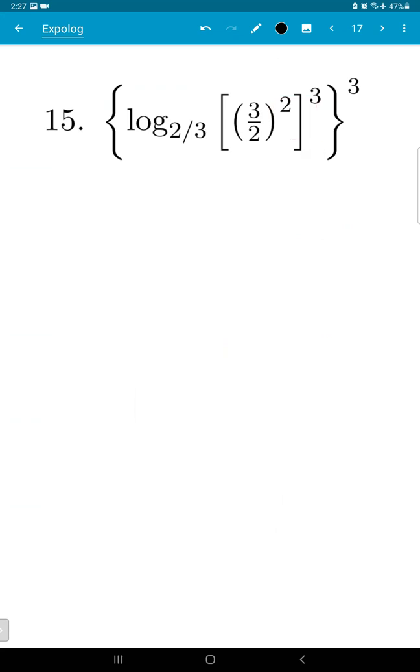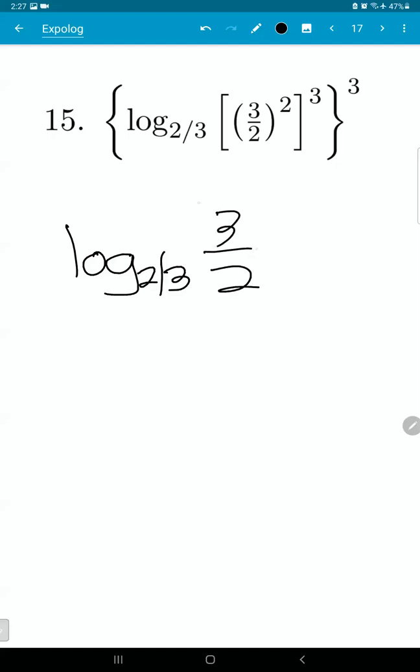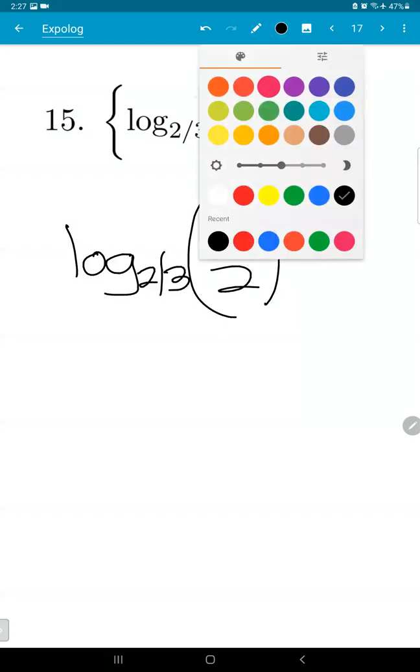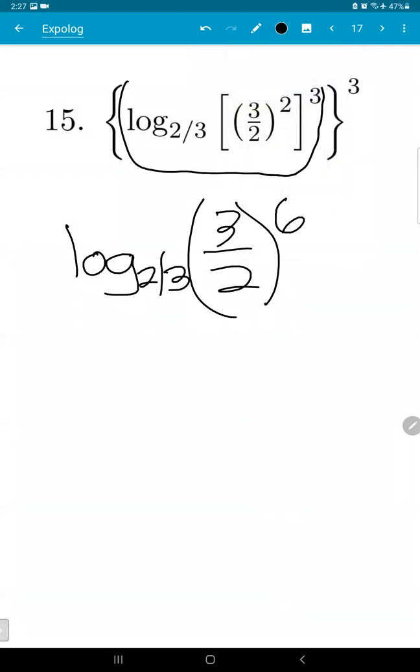So let me rewrite that now. Logarithm to base 2 over 3 of 3 halves to the 6. Okay, we're looking at this now. We cube it outside, later na yan. Let's simplify that one, which is this one. We apply the identities. Look at the bases.